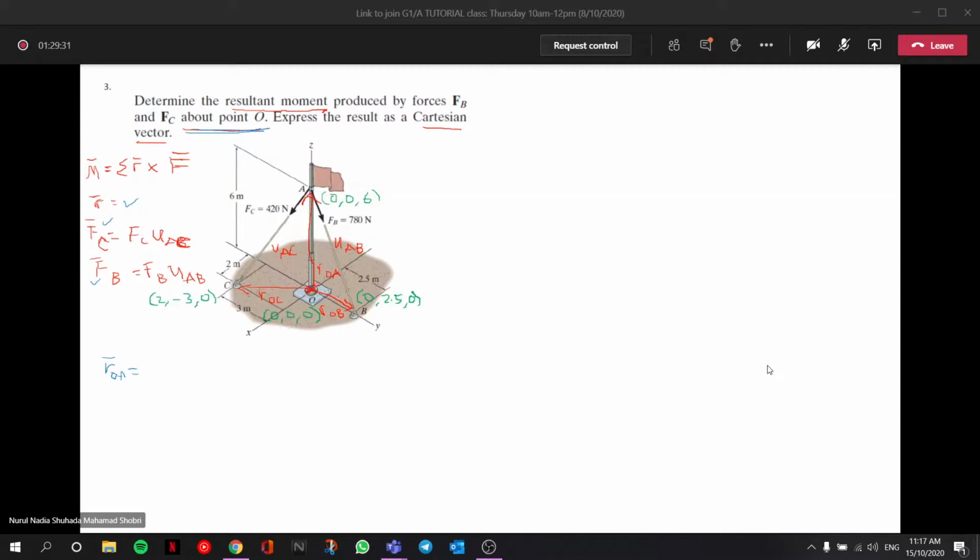So for R vector OA, you have to use coordinate A and also the coordinate at point O, and you will get 6k meter.